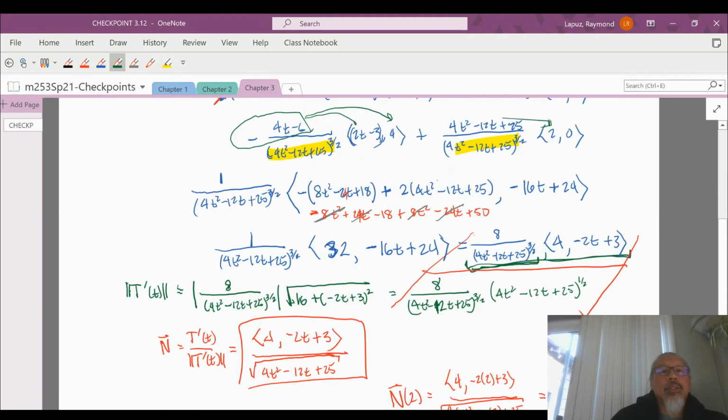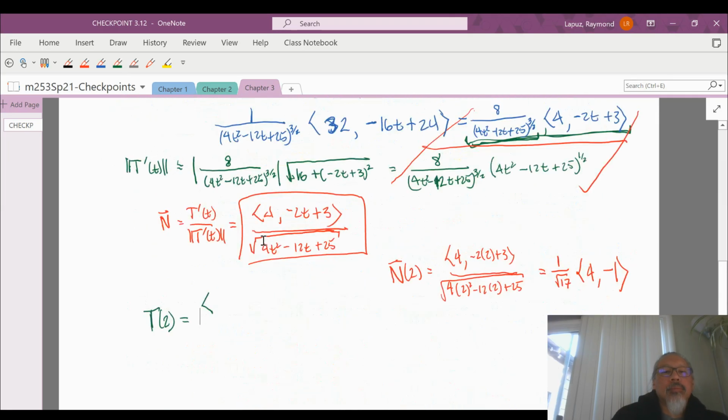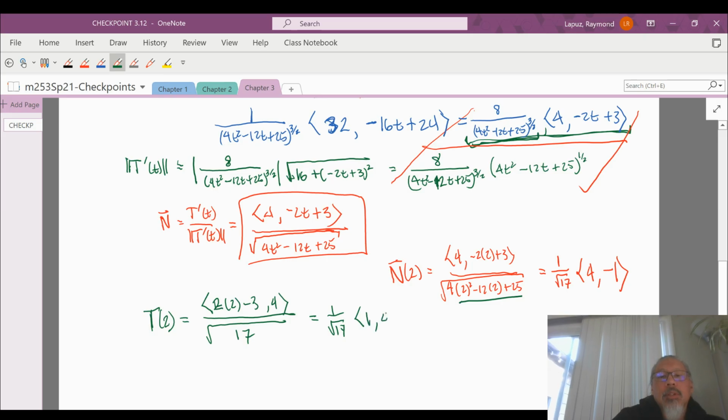The vector that we had was 2t minus 3 comma 4, divided by that same thing that we had. So instead of writing it over again, I will just put 17 because we know what that is. And this will become 1 over the square root of 17 times the vector. This is 4 minus 3, which is positive 1 comma 4.